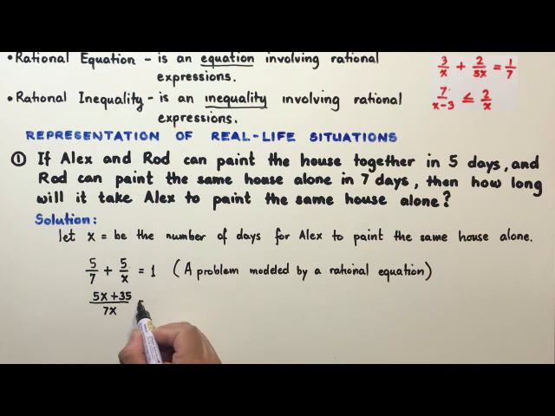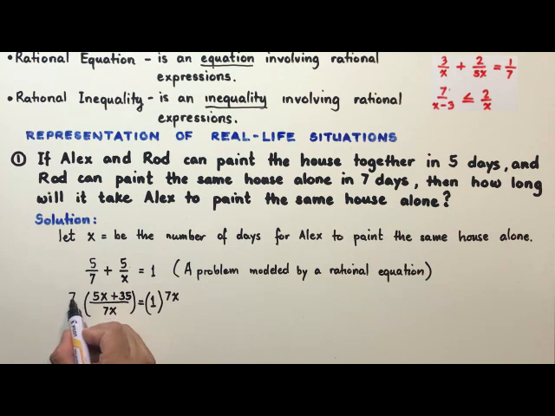And this is equal to 1. Multiplying both sides of the equation by 7x, the 7x at the left will be cancelled, but you will have 5x plus 35, and this is equal to 7x at the right side of the equation.